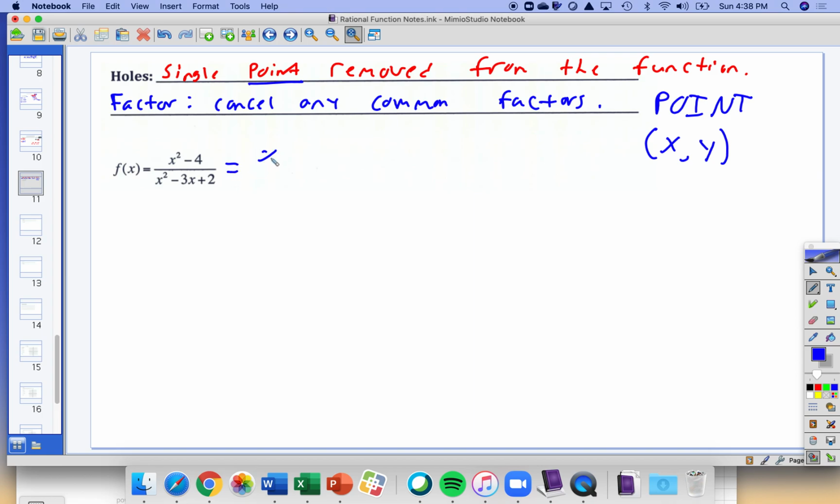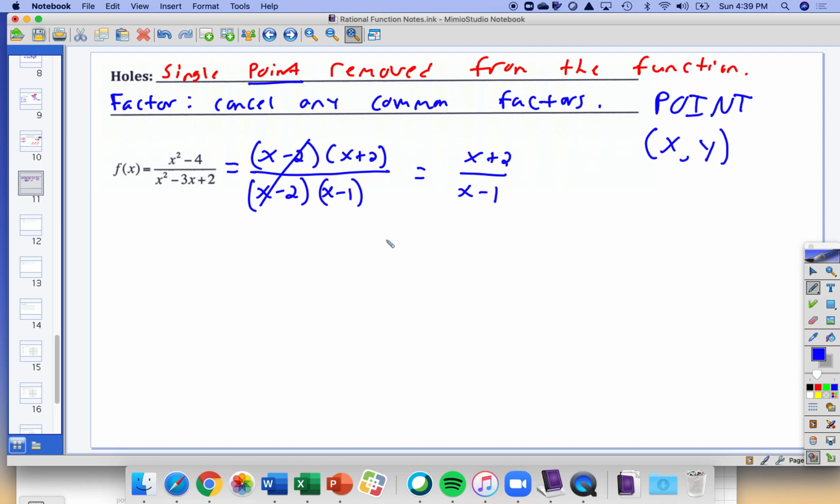We're going to factor this like we did: x minus 2, x plus 2, over x minus 2, x minus 1. Now, when these two cancel out, we're left with x plus 2 over x minus 1.